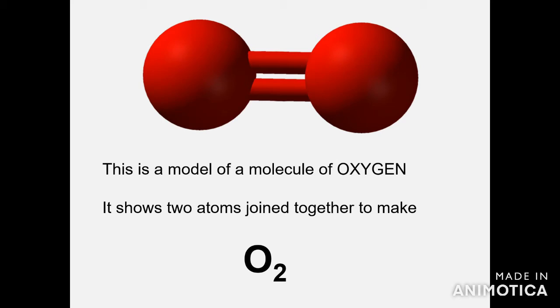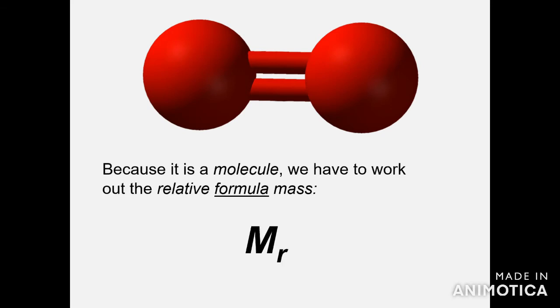A molecule of oxygen formed by two atoms. So at the bottom of the screen, you have our symbol for a molecule of oxygen. Because there are two, we have this subscript 2, this little 2, next to or after the symbol for oxygen. So O2. Now, what we're going to do is calculate the relative formula mass for this molecule.